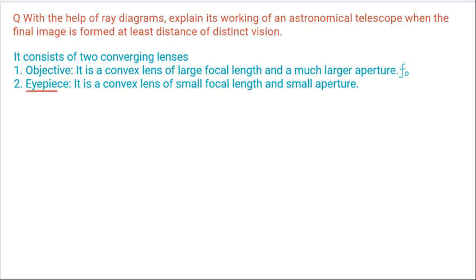Similarly, it consists of an eyepiece. The eyepiece is also a convex lens, but it has a short focal length and a small aperture. That means it has smaller thickness as compared to the objective. Let us represent the focal length of the eyepiece as f suffix e.